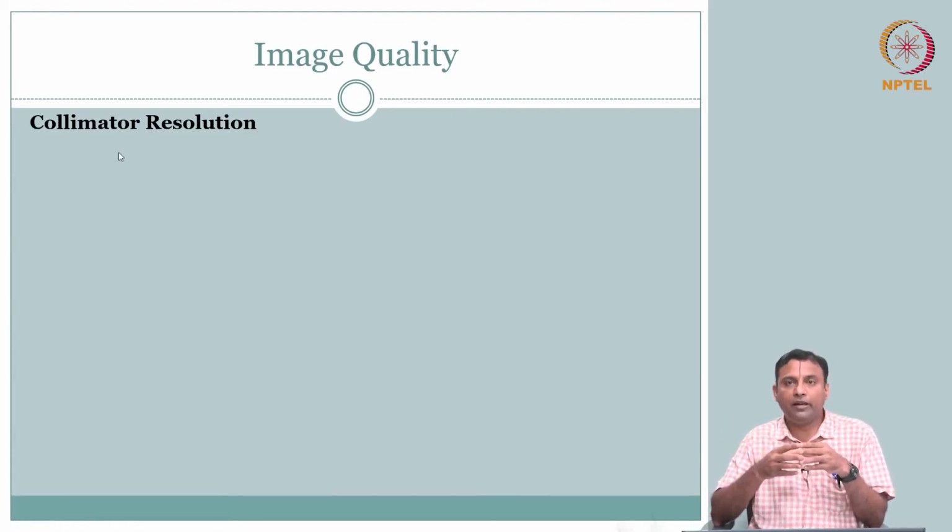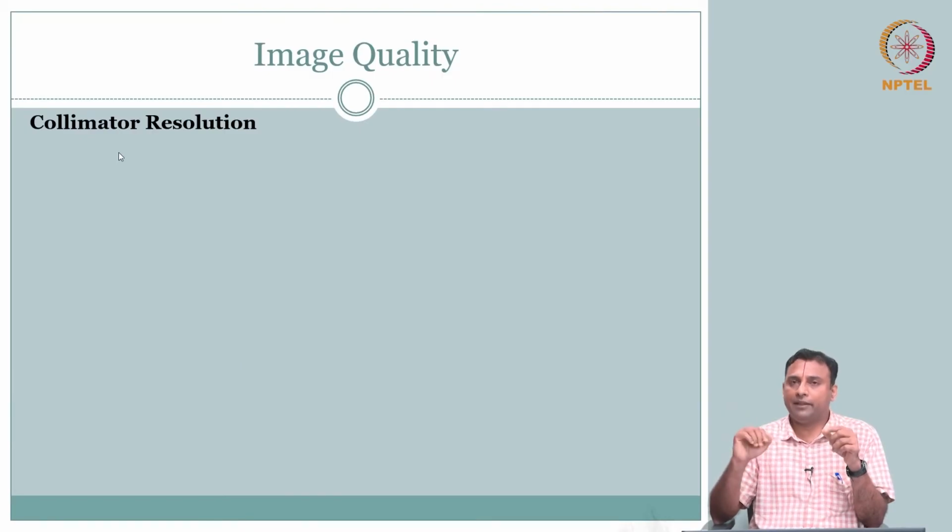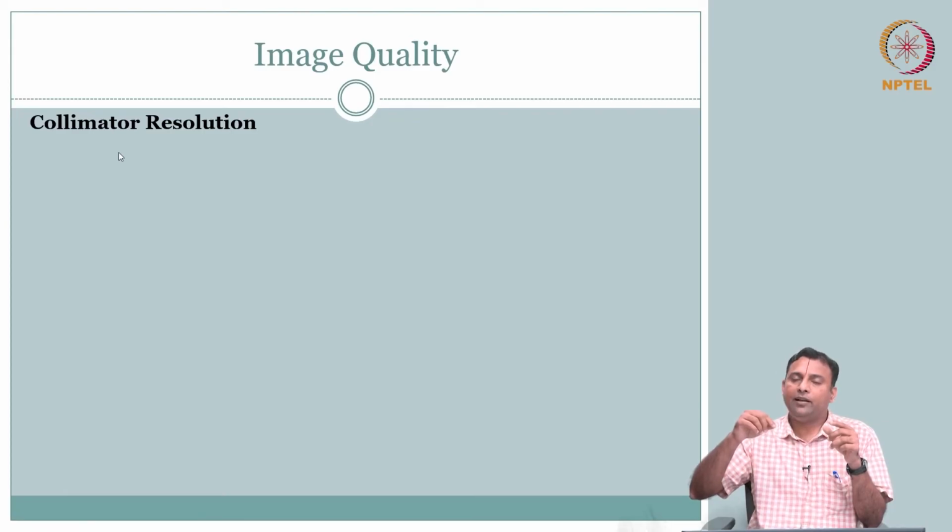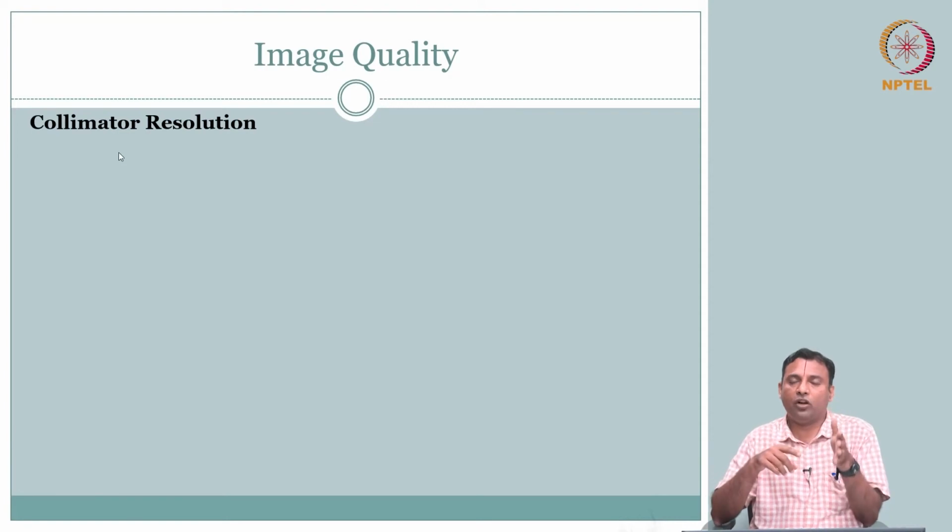Collimator resolution is one thing, because we have this collimator for what? So that you can avoid Compton scattering, right, that was the idea. So, if you have a point radioactivity, we talked about the parallel hole configuration of the collimator.